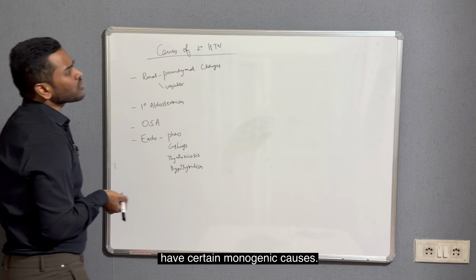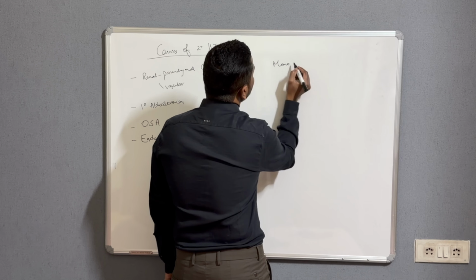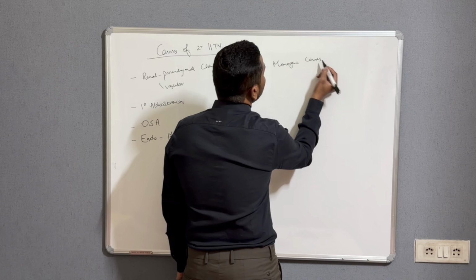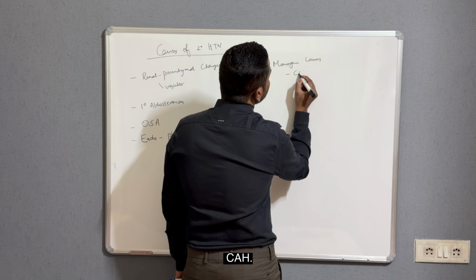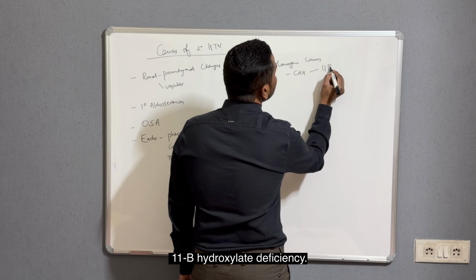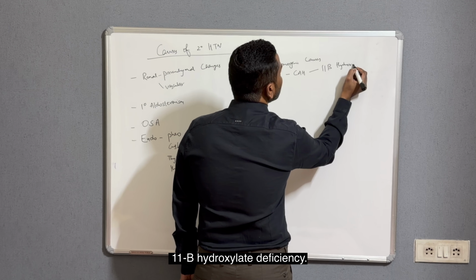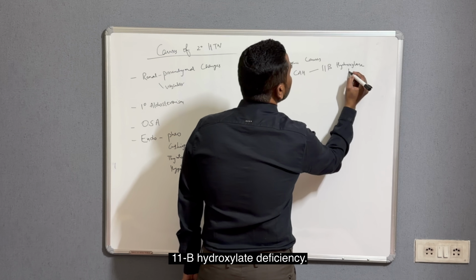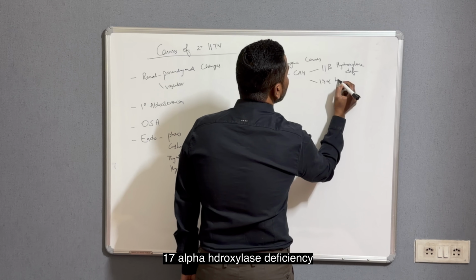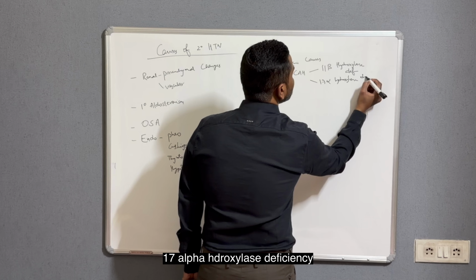And we have certain monogenic causes: in CAH, 11 beta hydroxylase deficiency, 17 alpha hydroxylase deficiency.